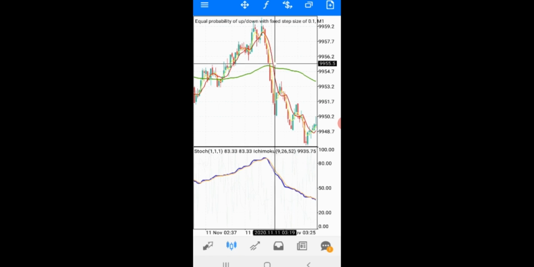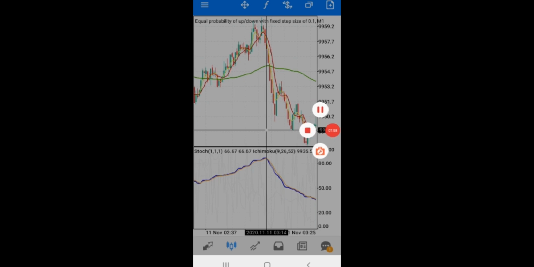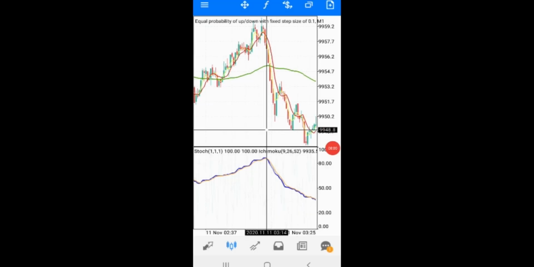This is one of the criteria. Then another one, it should be at the overbought level, just like here. You see this place? It should be the moving average in the Ichimoku. So this is the first criteria.